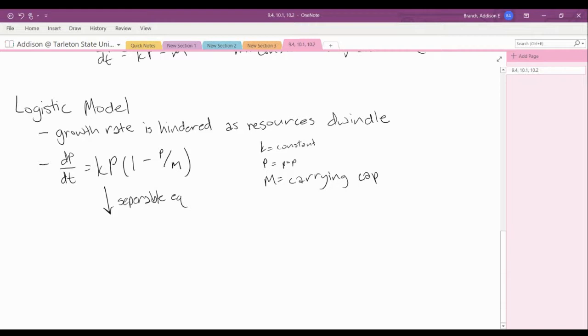And if we play with it and integrate it, then we can say that P of t is equal to M over 1 plus a constant A e to the negative kt.